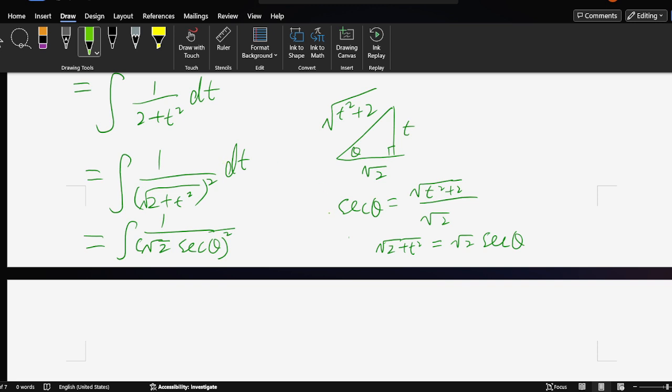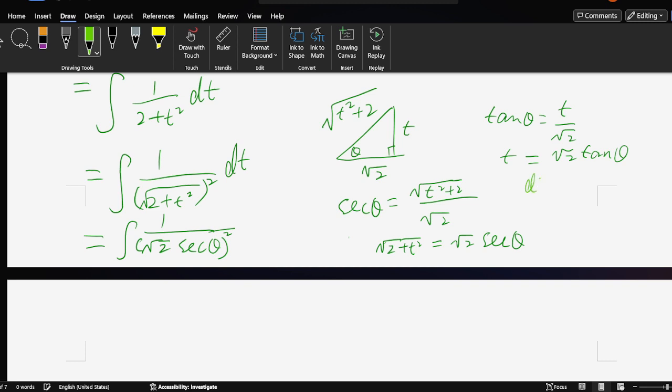Then we go back to dt. So tangent theta, which is different from the previous triangle, equals t over the square root of 2. So t equals the square root of 2 times tangent theta.